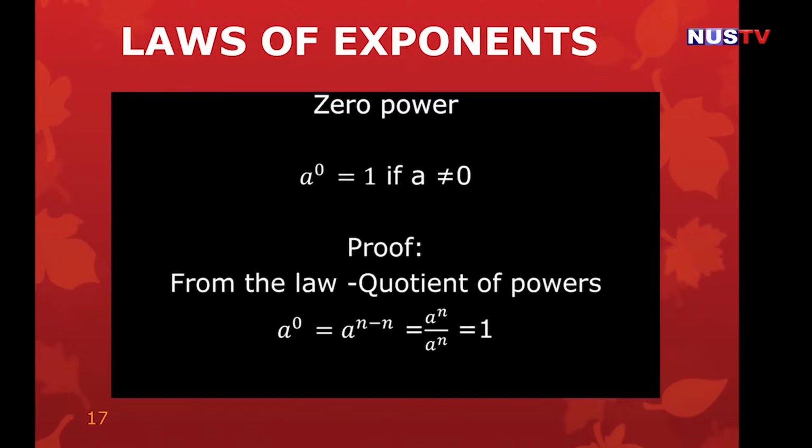And remember, from the law of quotient of power, it means you have a to the power of n divided by a to the power of n. And then both the numerator and the denominator are the same, so you cancel them out and you get 1. And a to the power of n divided by a to the power of n is equal to 1.